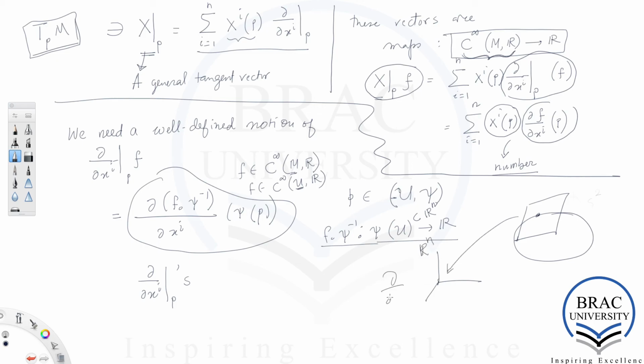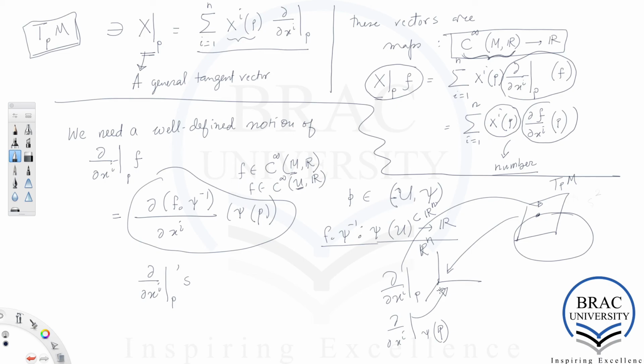So del over del xi restricted at p is considered a basis vector here in TpM, and at the same time I'm saying that del over del xi at psi of p is a tangent vector here. Okay, so this is a sloppiness.